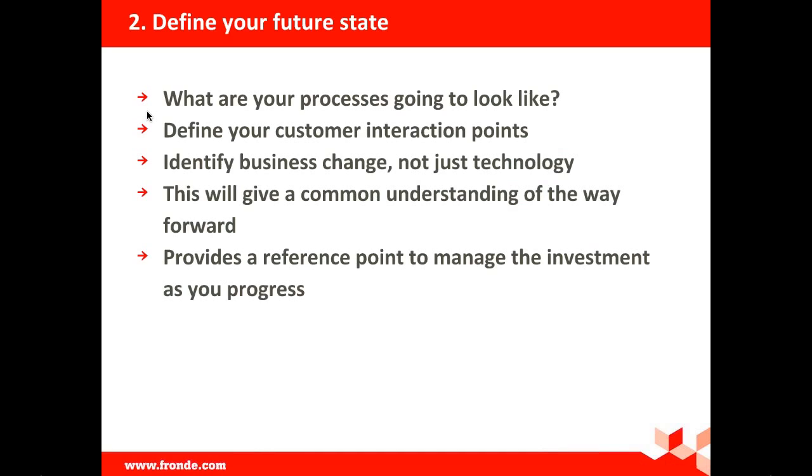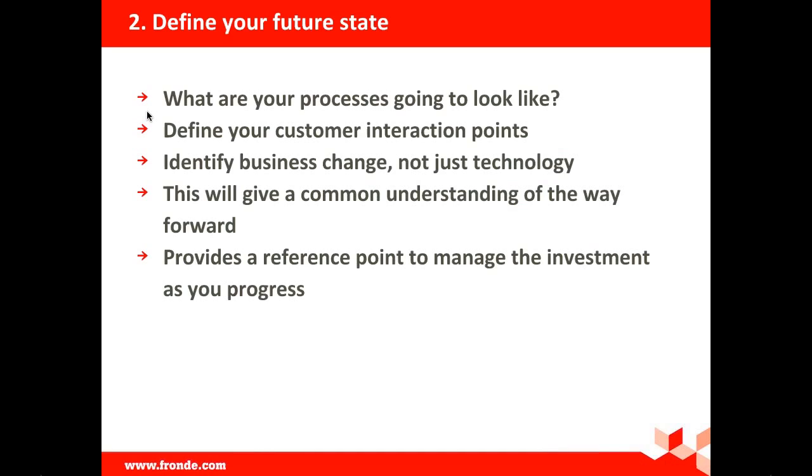Again, define your customer interaction points. You might have new ones. You might be deciding to use Salesforce Web to Lead or something like that, and try and get leads off your website. I mean, most people are probably doing that. It's a good example. So define all those interaction points. Again, with that Web to Lead example, this is going to help you identify your business change as well.